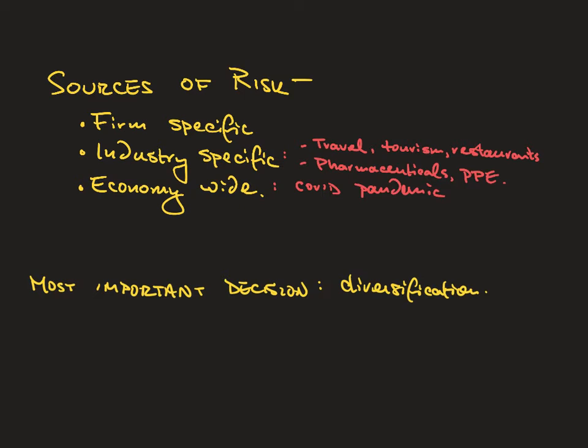And then firm-specific, here we get to the differences between companies like Pfizer and Moderna. They have recently had their own specific shocks, things that were not anticipated about productivity.